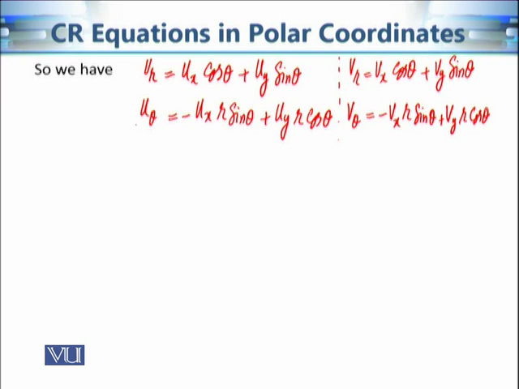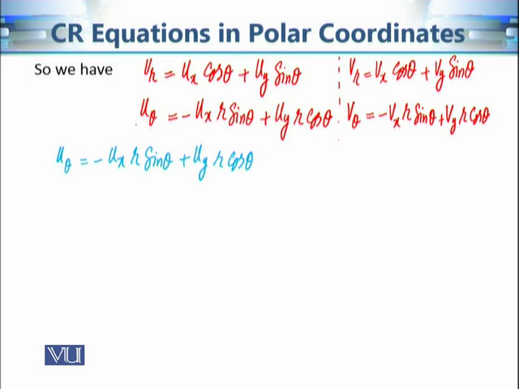Now let's see if we can find a relationship between u_r, v_r, u_theta and v_theta. Observe that if we start from u_theta, it is equal to minus u_x r sine theta plus u_y r cosine theta. If we take minus r common, we get u_x sine theta minus u_y cosine theta.